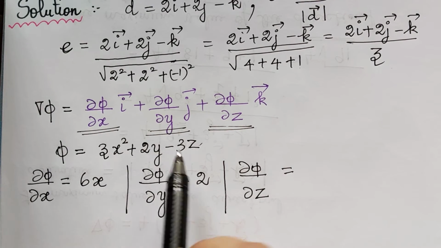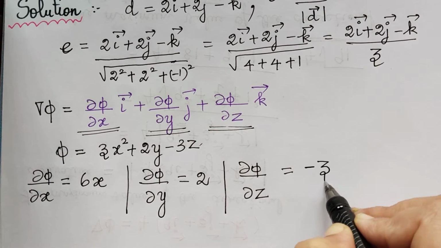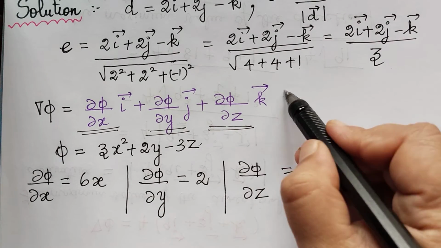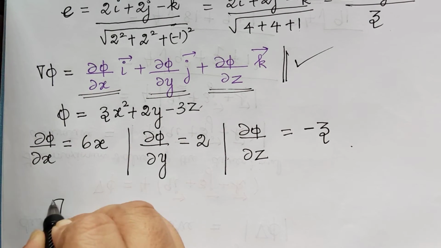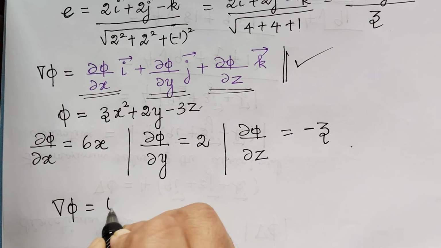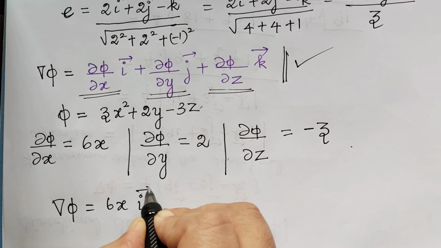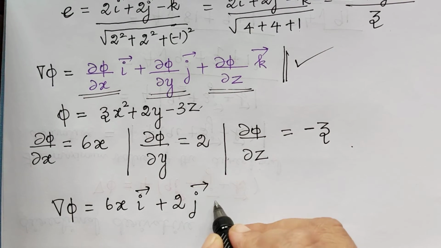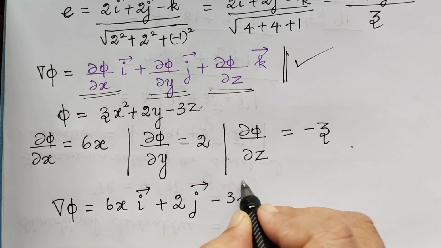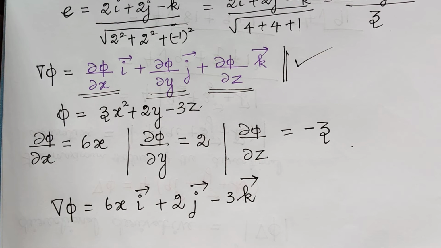So these two terms will become 0 and we will be having minus 3. So after finding this, we shall substitute here in order to find nabla phi. So nabla phi will be equal to 6x i vector plus 2j vector minus 3k vector. So we have obtained nabla phi.